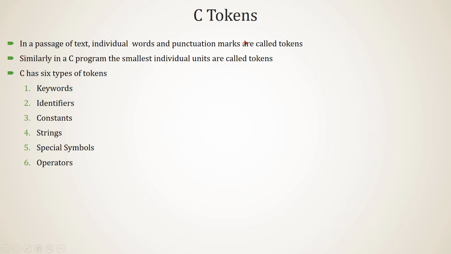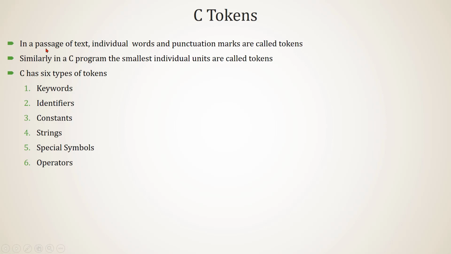Okay, next is C tokens. C tokens can be compared with words in the English language. While we write an English passage, there will be a number of words. Similarly, each and every word can be considered a token. In a passage of text, individual words and punctuation marks are called tokens.